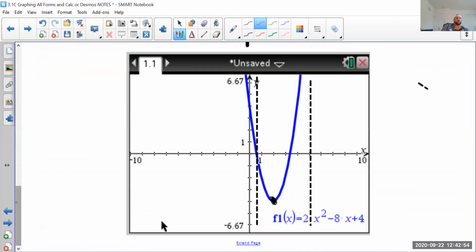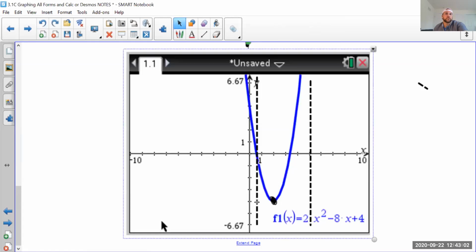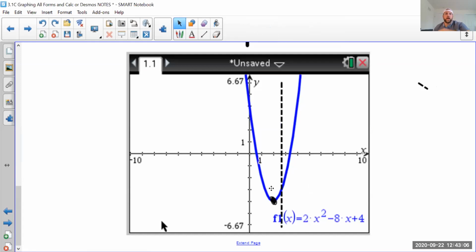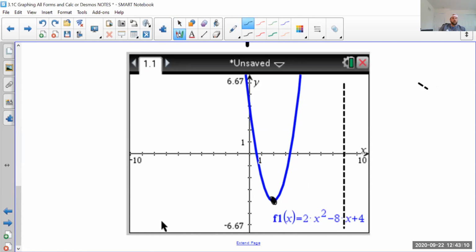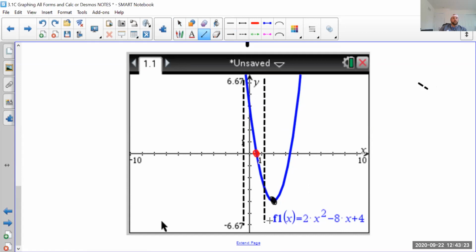So again, you're going to put these lines. If I have an x-intercept right here, and this is the one that I want, I need to put a lower bound to the left of that, and I need to put an upper bound to the right of that.